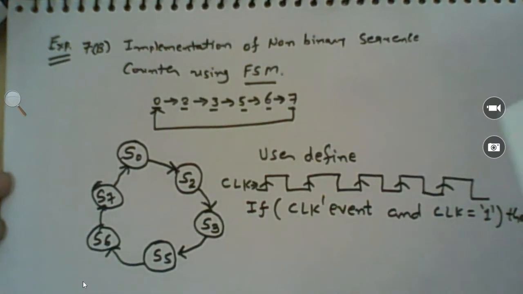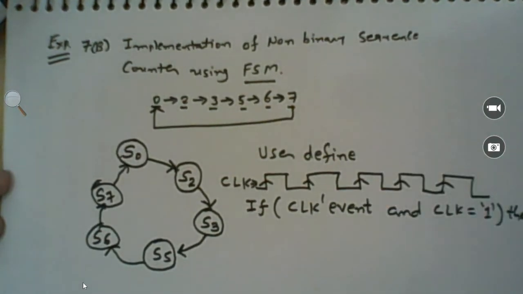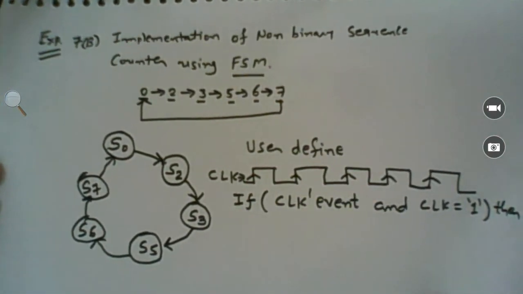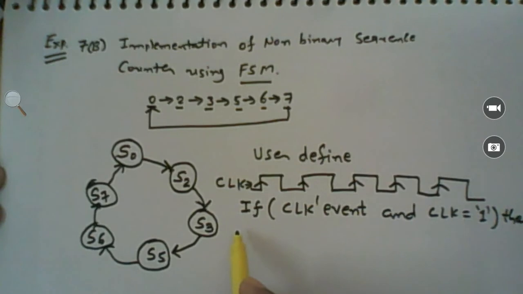Then first of all we have to check what the present state is, and according to that we have to take decisions. So we use a case statement, case S is, where S is a signal of the user defined state type, one of S0 to S7.